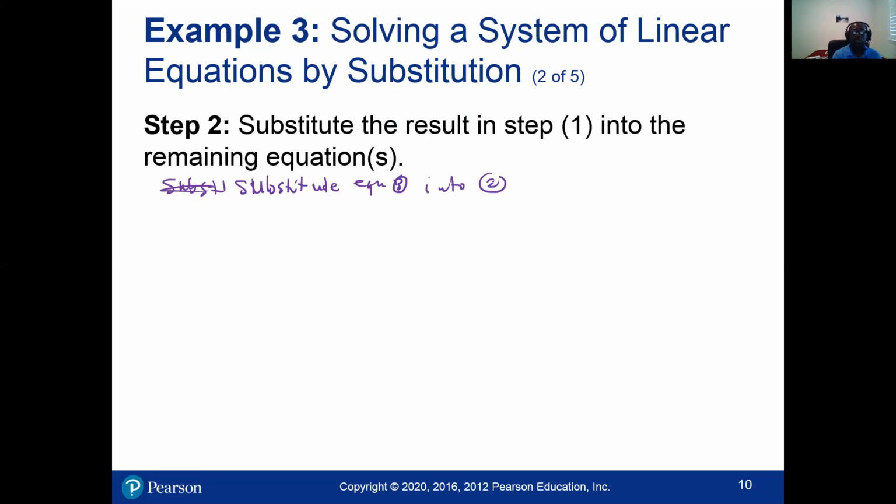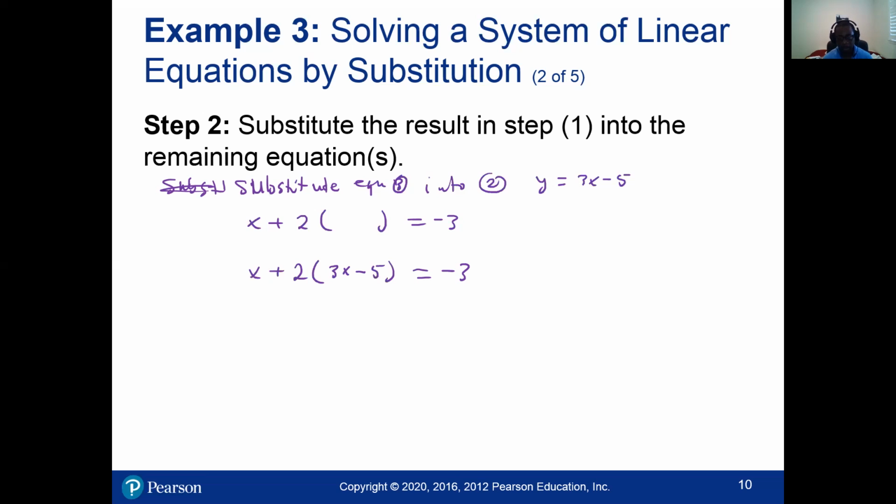Equation 3 is y is equal to 3x minus 5. We plug it into equation 2, which is x plus 2 times y is equal to -3. So we have x plus 2 times y, and y is 3x minus 5, equal to -3. Once we have this, you see that we have one equation involving only one variable.